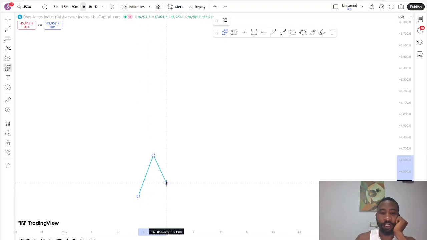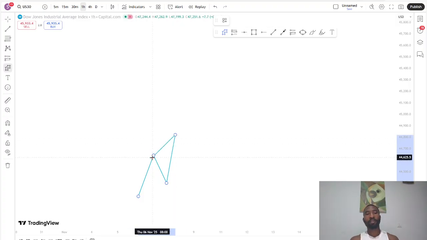Then again it pushes up above the previous high to create a new higher high. So now the previous higher high has turned to a higher low because it's lower than this new higher high.